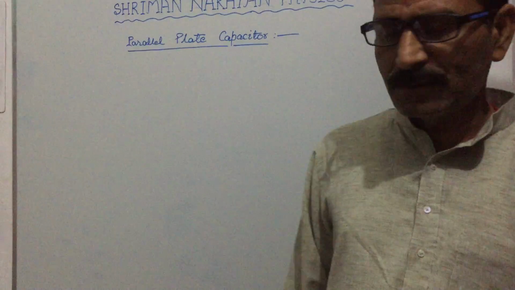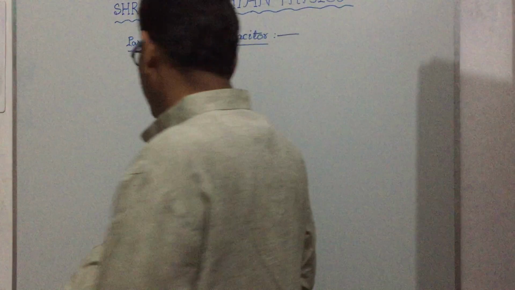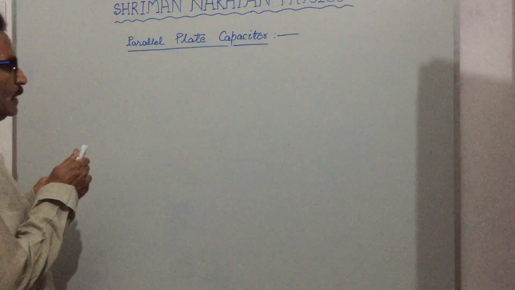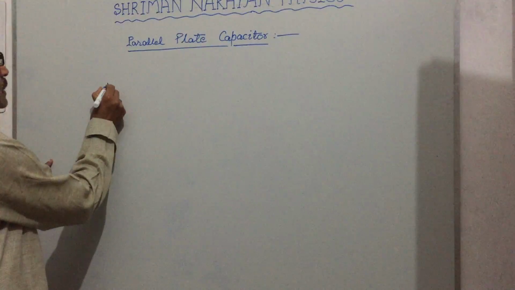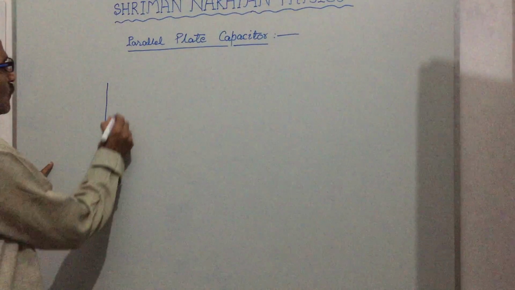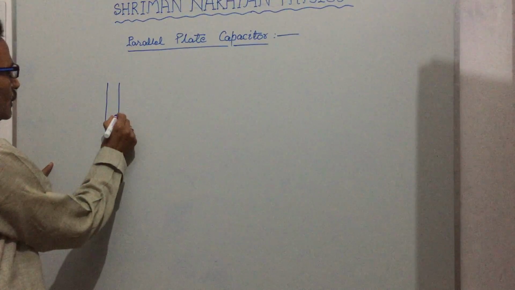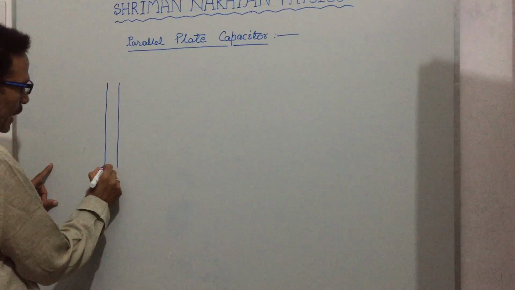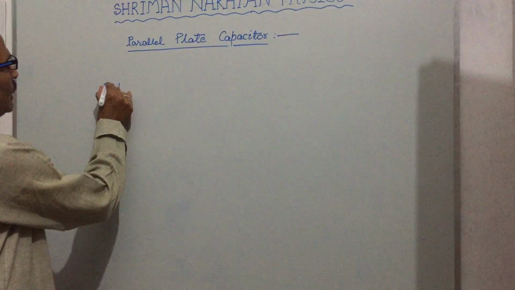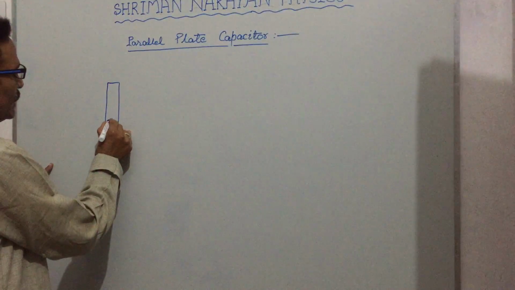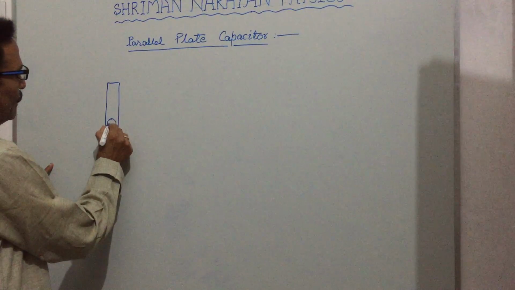So let us start. A parallel plate capacitor consists of two metallic plates, X and Y. See here, this is a metallic plate.